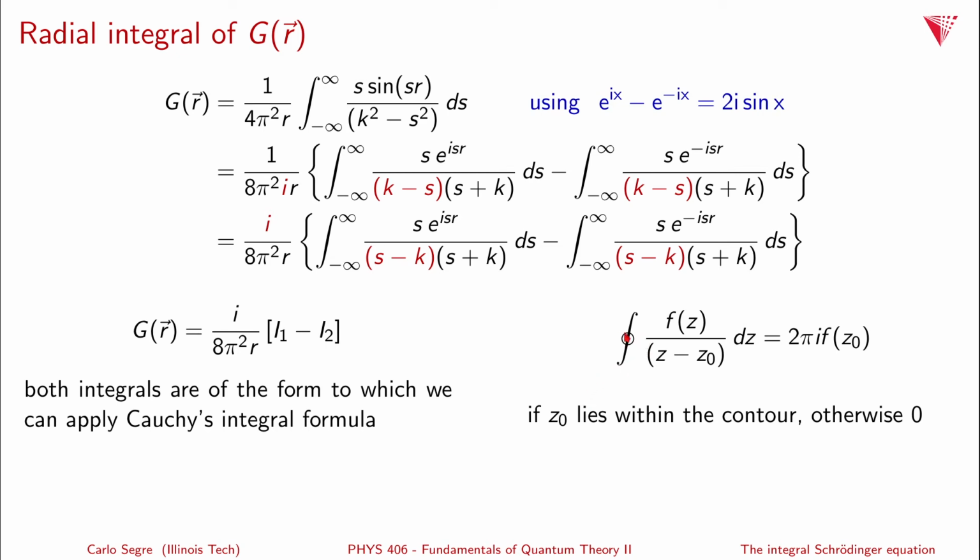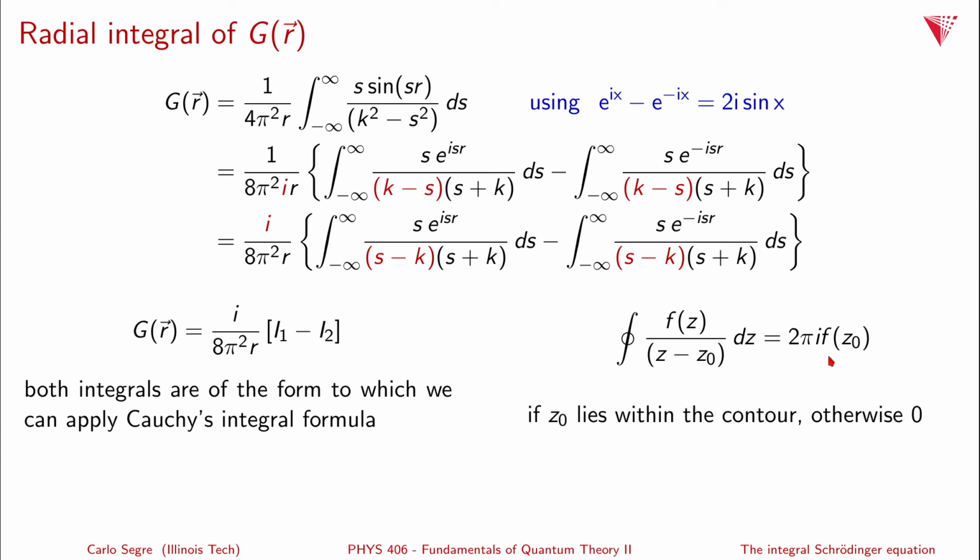If I have a path integral, a complete closed path integral of a function f of z divided by z minus z0, so a function where there's a pole along the z-axis, integrated over dz, and I can go around this pole and integrate around the pole in a clockwise way, the integral around that pole will just be 2 pi times I times the value of the function at the pole, f of z0.